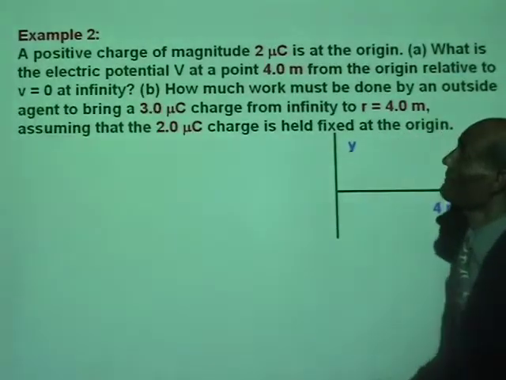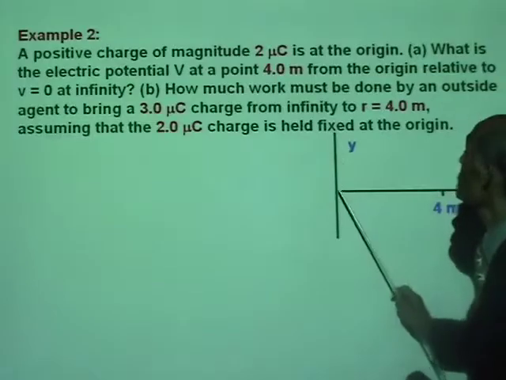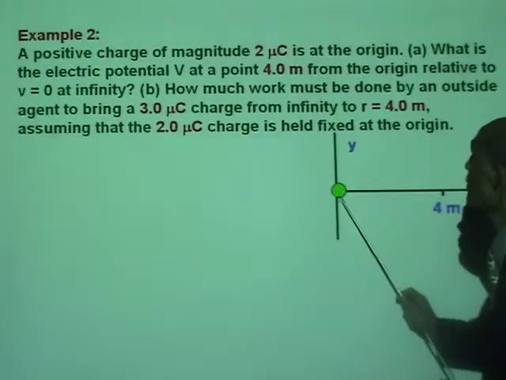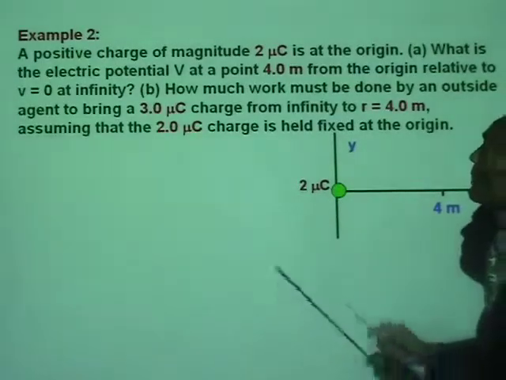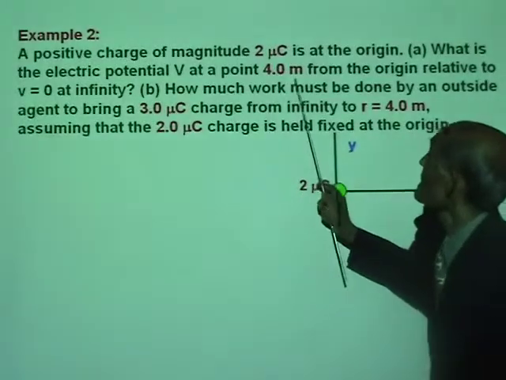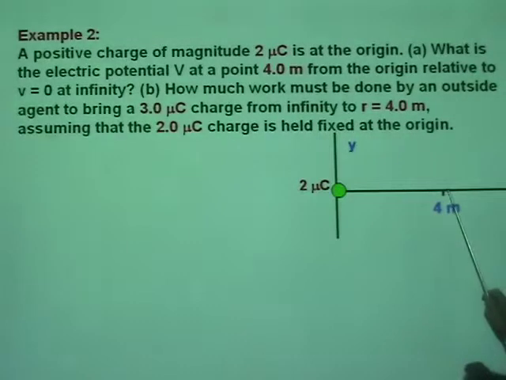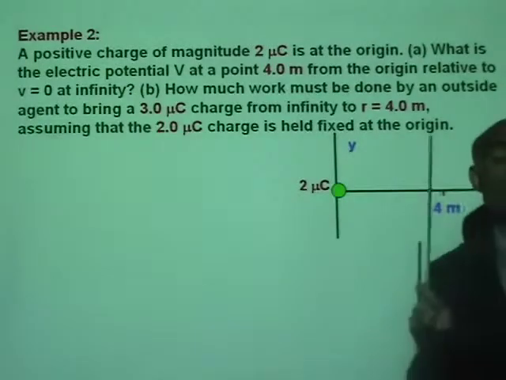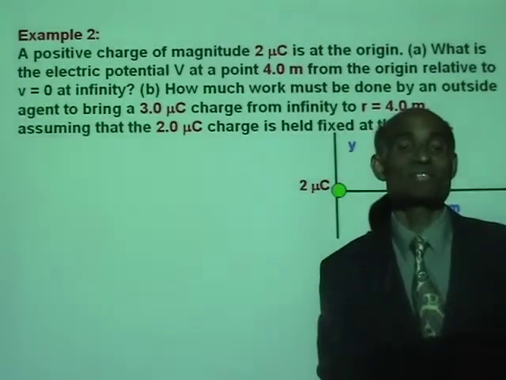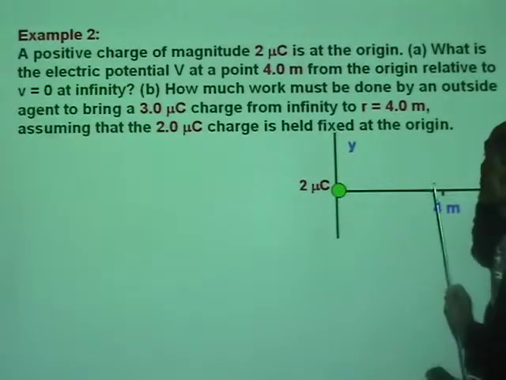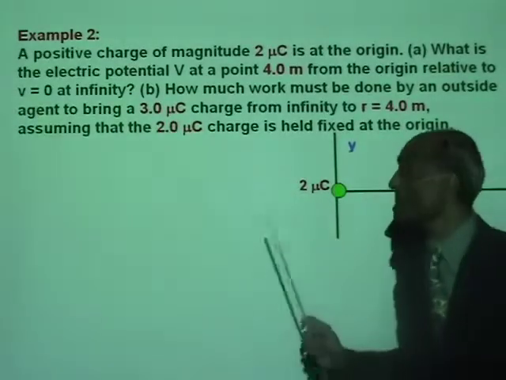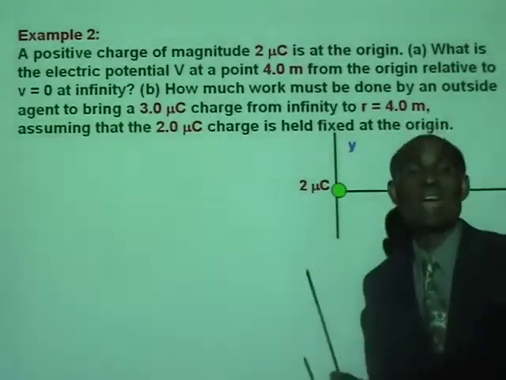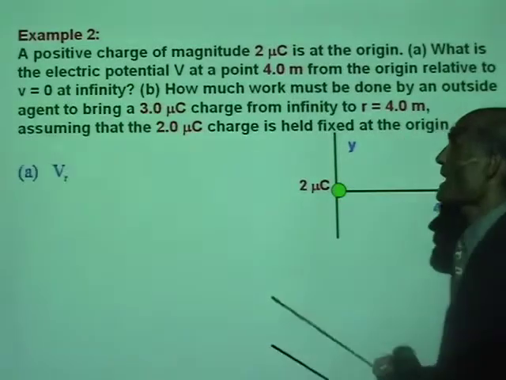Alright, what do we have? A positive charge of 2 microcoulomb is at the origin. There you have. What is the electric potential V at a point 4 meter from here? What's the equation for electric potential? Electric potential at a point distance r from a charge is kq over r.